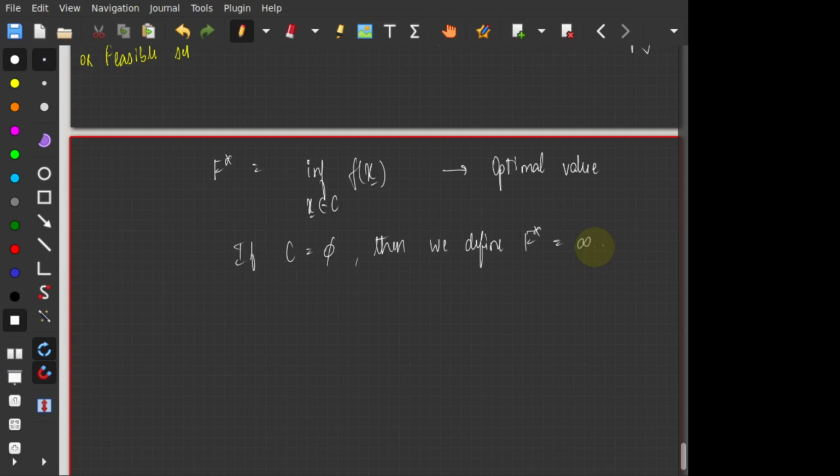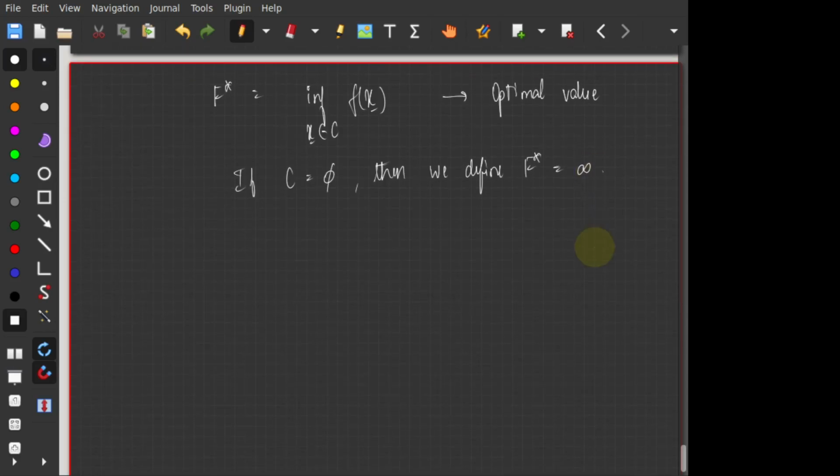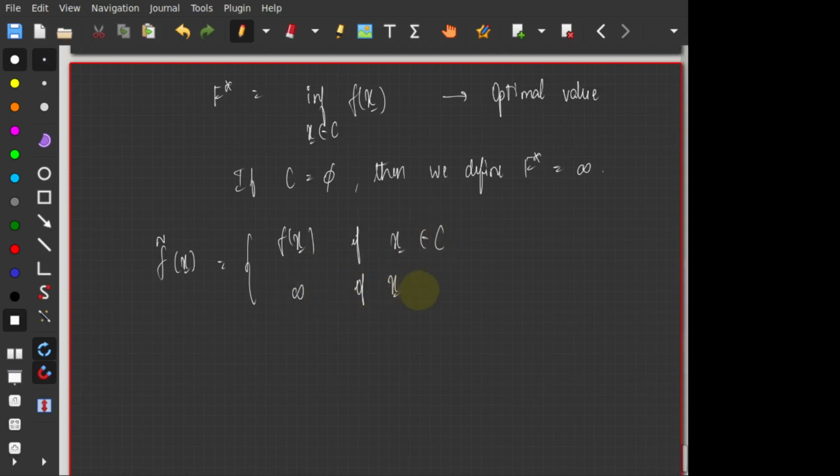Okay, in fact, we can even do the following. So given f of x and a set of constraints, we can redefine f. I'll say that f tilde of x is equal to f of x if x satisfies the constraints, and infinity if x does not satisfy the constraint.